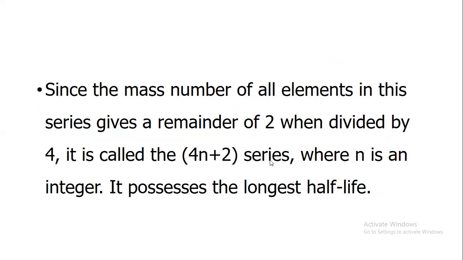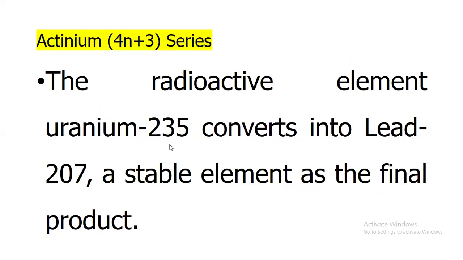Since the mass number of all elements in this series gives a remainder of 2 when divided by 4, it is called the 4n plus 2 series, where n is an integer. It possesses the longest half-life. The actinium series is 4n plus 3, from uranium-235 to lead-207.